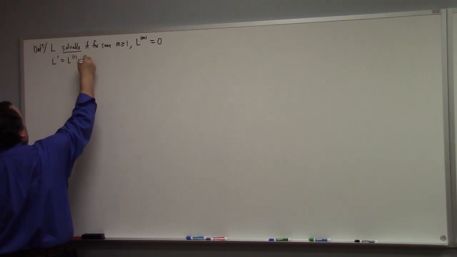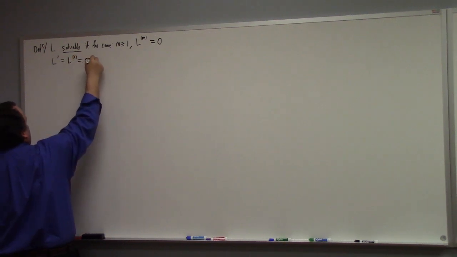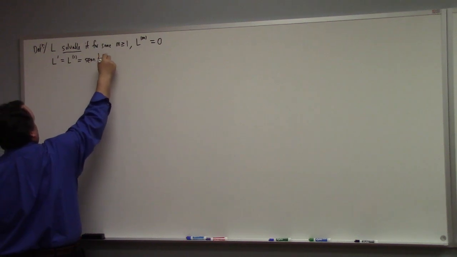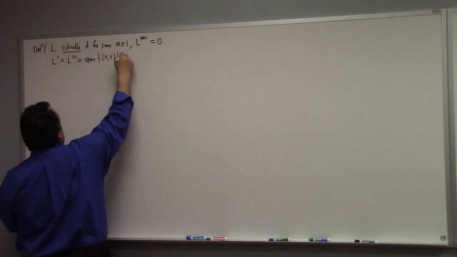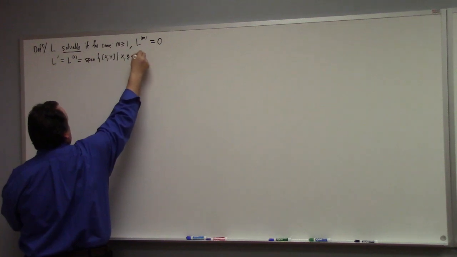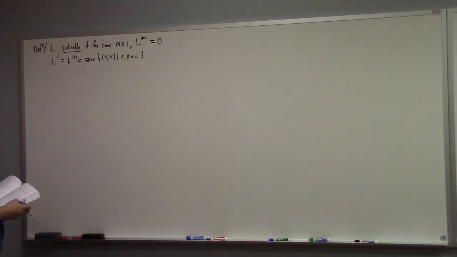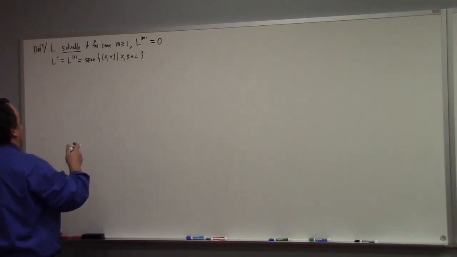And here our definition was that L prime was L1, and that was the span of the commutators. So you take the span of commutators from L, that's the derived series.